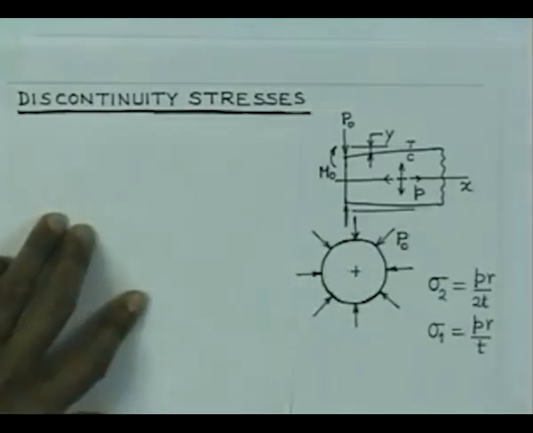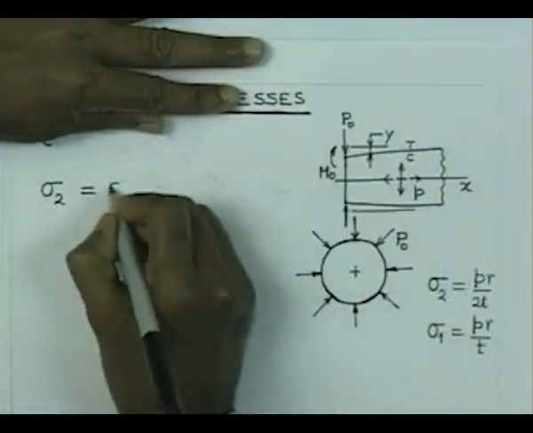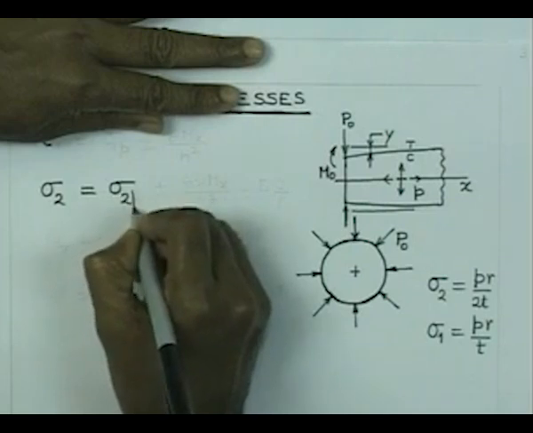So, we are going to get stresses now, the sum total of the stresses will be like this, we can write now sigma 2 is equal to sigma 2 due to pressure.